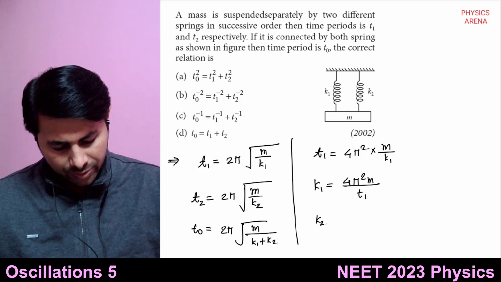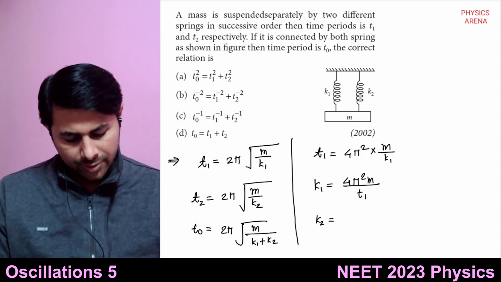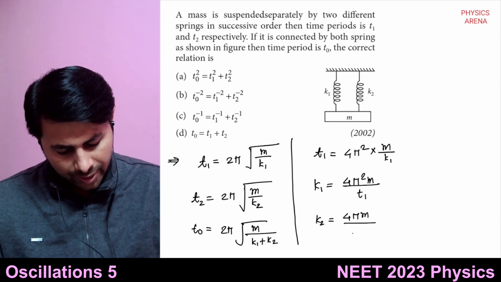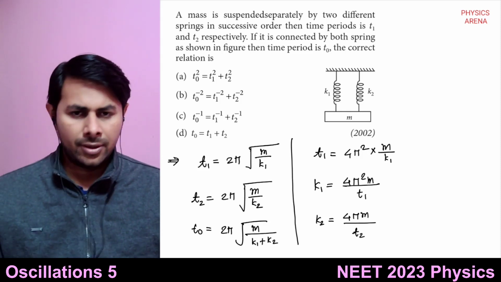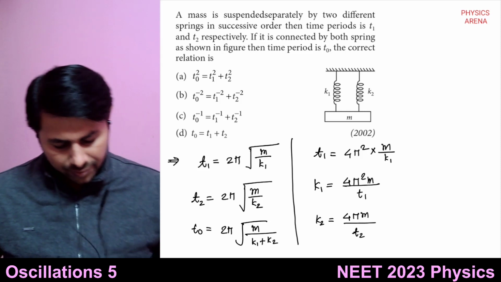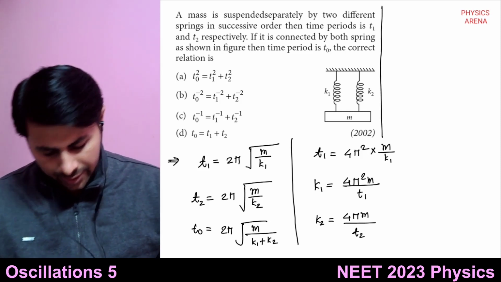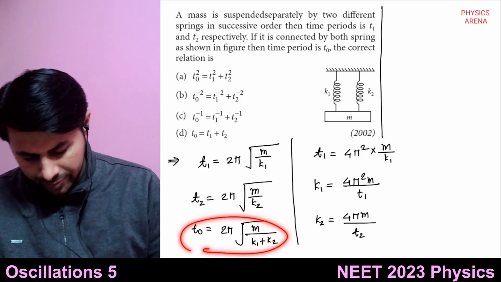Similarly, K2 equals 4 pi square m upon T2 square. Then you can square this one also.